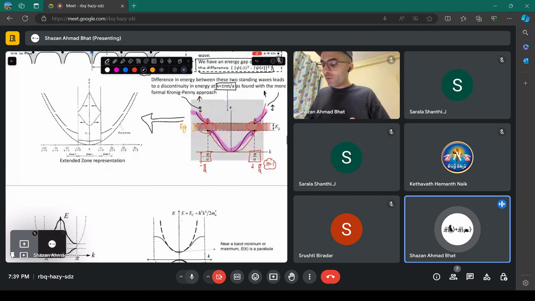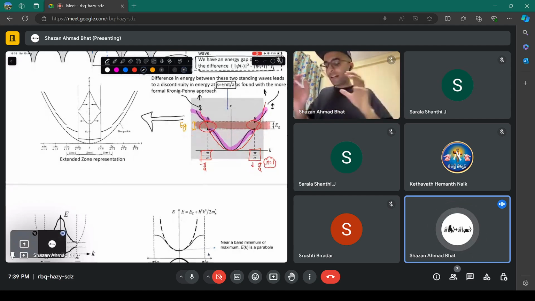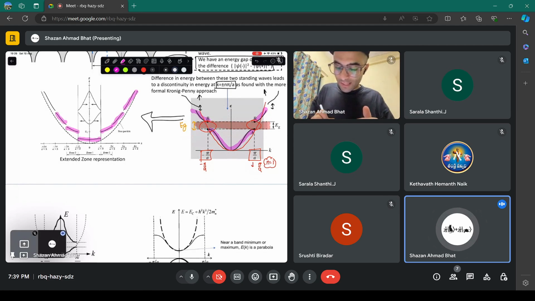You don't want to deal with an extended problem. Just like this, you have these allowed bands. You go higher and higher in energy, and there's some band gap. As you can see, this is a band gap, this is a band gap, these are all band gaps.